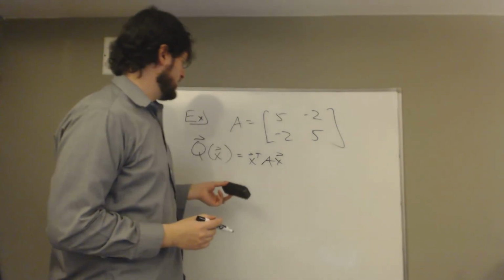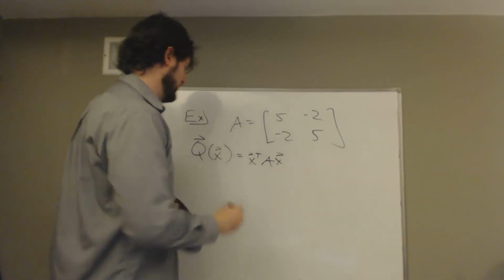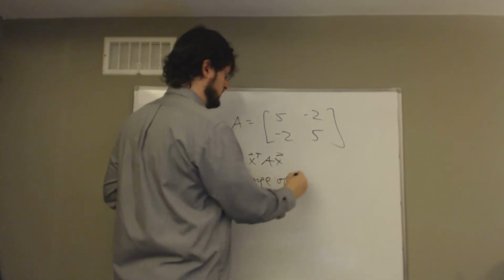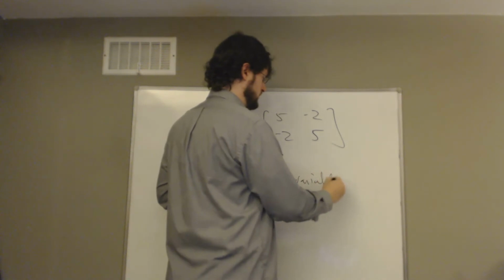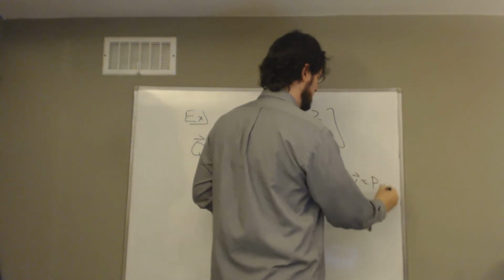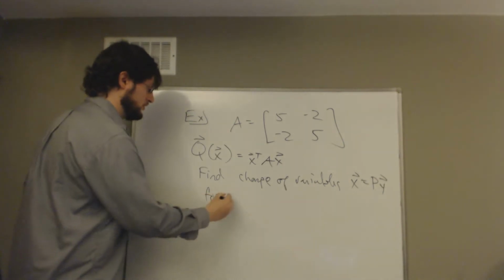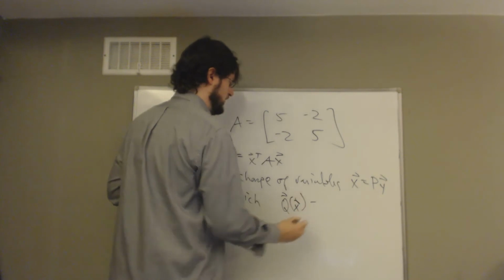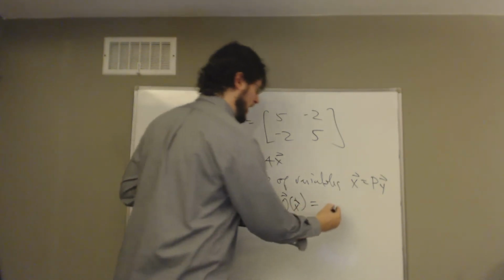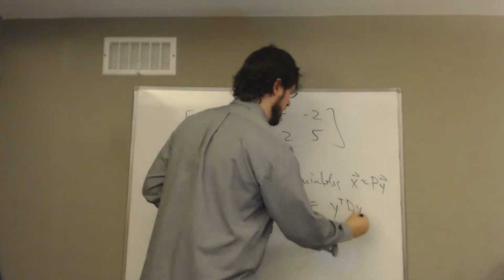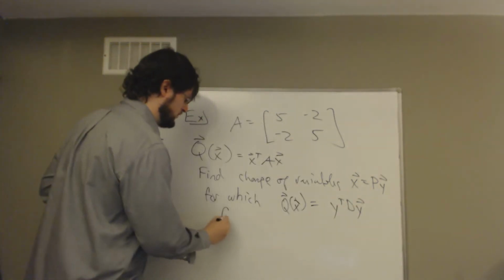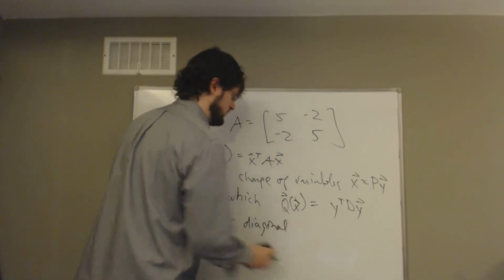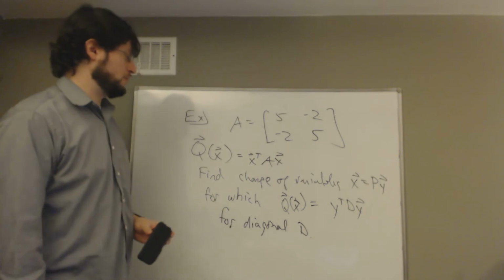Our goal is to find a change of variables, x = Py, for which Q(x) is then y transpose D y, where D is diagonal. All right, that's our goal.